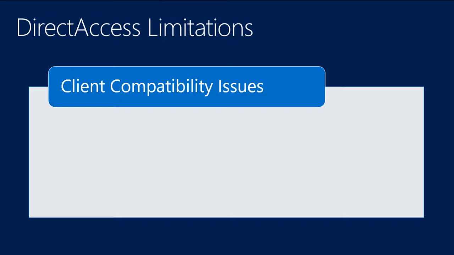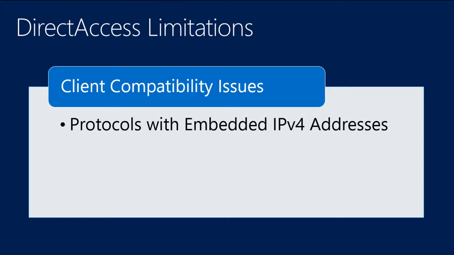Yep. So there are also some client compatibility issues, and it's important to talk about those. DirectAccess communication, as I'd mentioned before, is IPv6 only. So any application that has protocols that use embedded IPv4 addresses, SIP, FTP, Citrix ICA, I think, actually communicates, or at least used to, with IPv4.